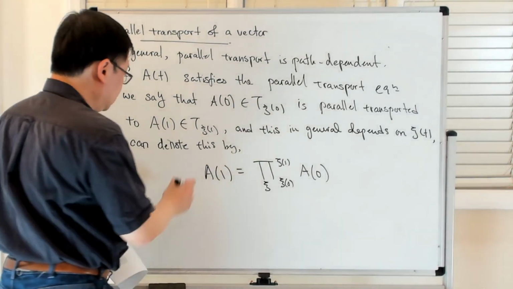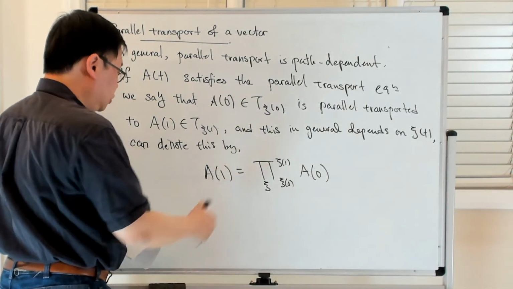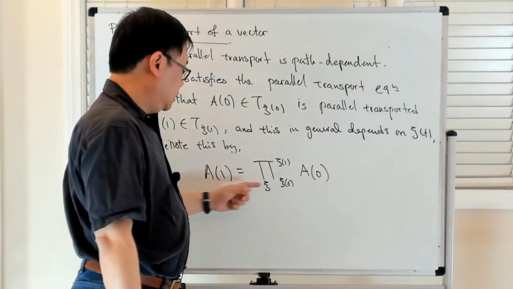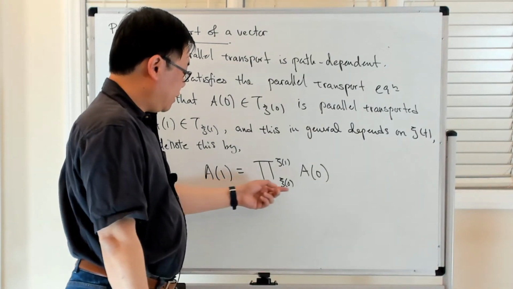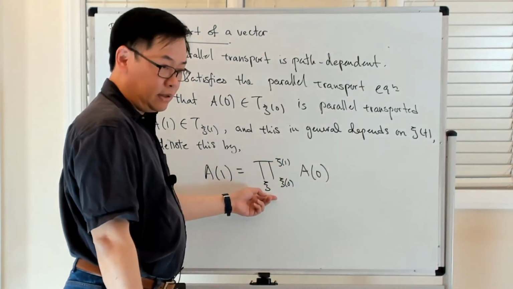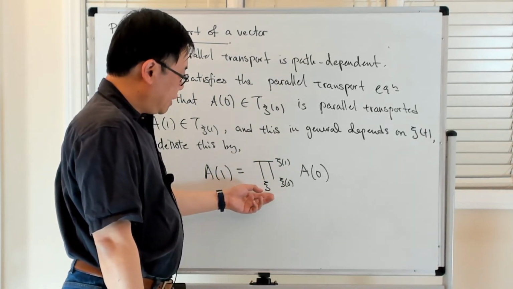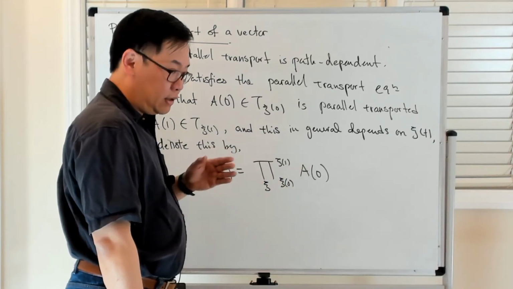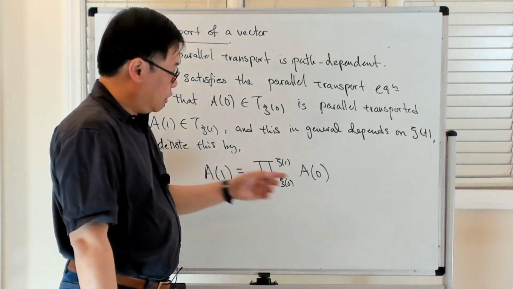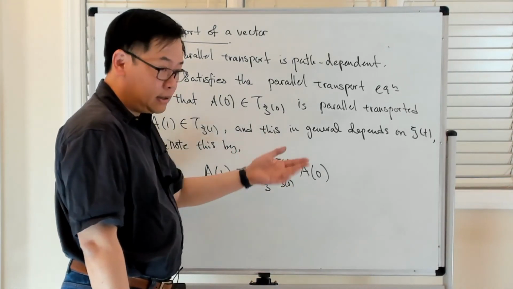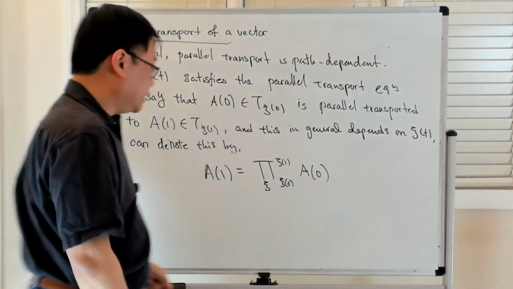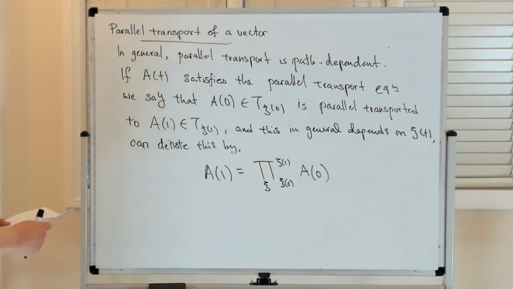This is a shorthand notation telling you that the parallel transport depends on the initial point and the final point, as well as the curve. You could imagine it depends on the curve itself, with the understanding that you parallel transport from time 0 to time 1, but this gives you a little more precision in the notation.